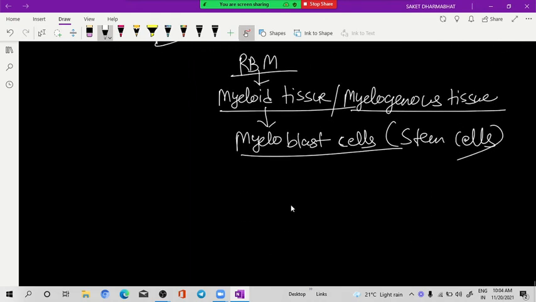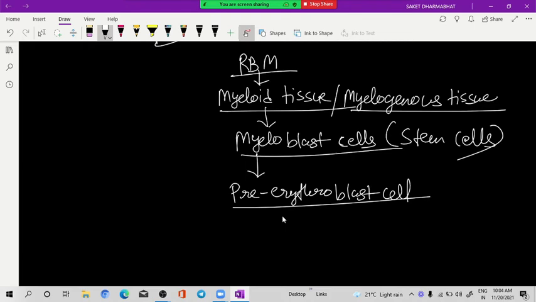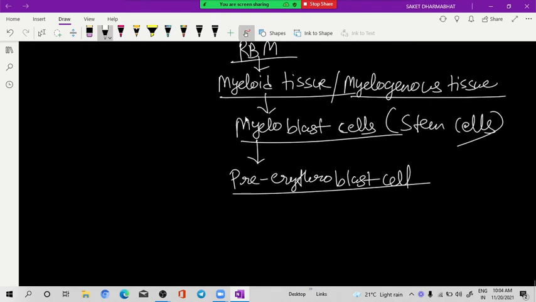Clear? This myeloblast cell converts into pre-erythroblast cell. Myeloblast cells are of 3 types: erythroblast, leucoblast and thromboblast. So one type of myeloblast cell, also called stem cell, is called pre-erythroblast cell.